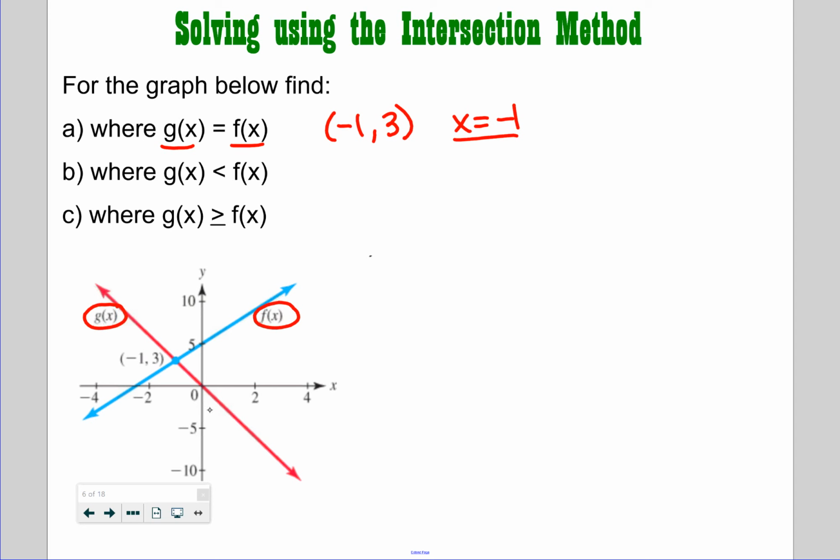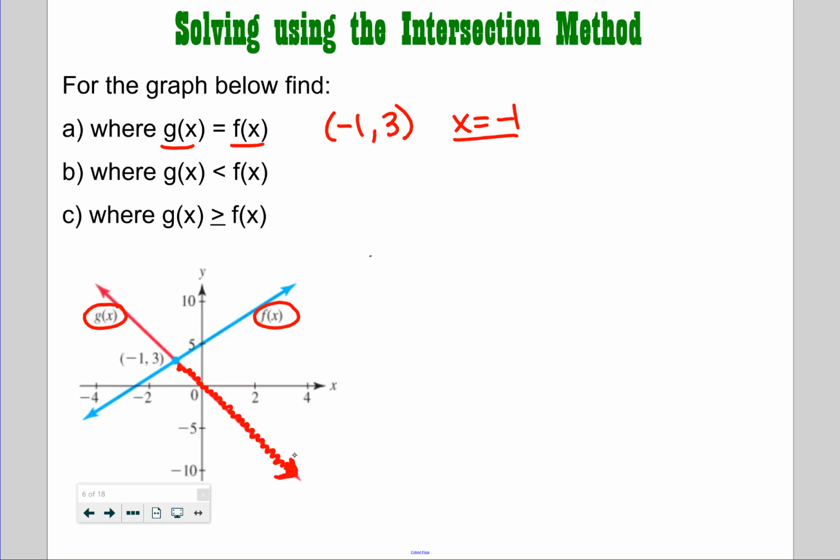For what values of x is the red line less than, or below, the blue line? The part of the red line that's below the blue line is right here.